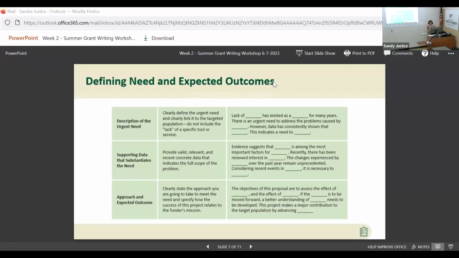And speak to the prevalence of the problem, have those data, whether that's statistical data or what the literature says, so that you can define what you're going to work on, how your project maps to that need, and what the outcomes might be.